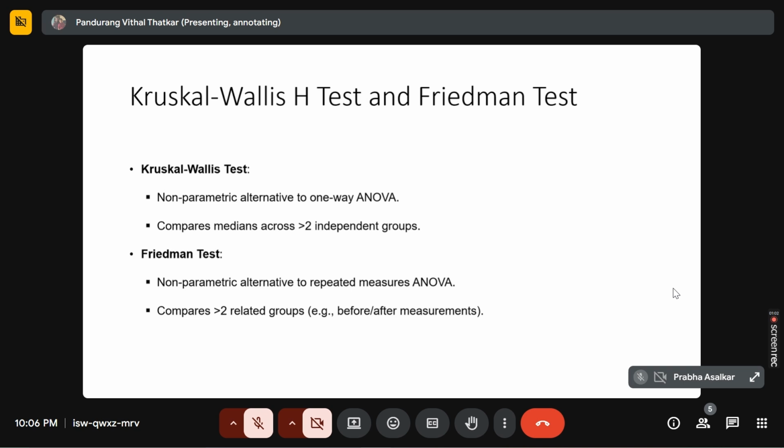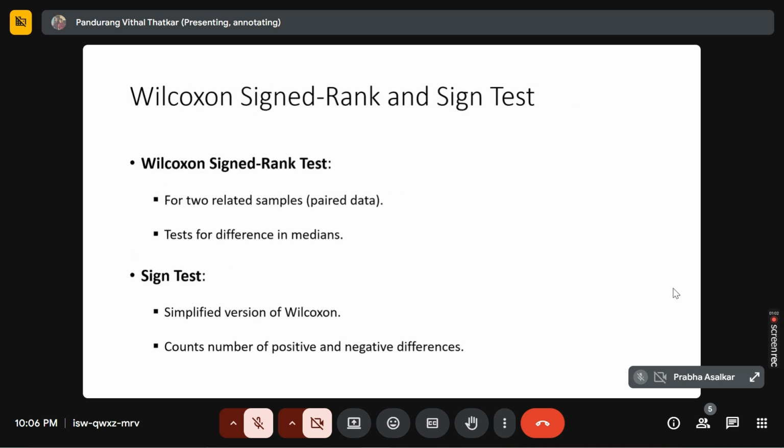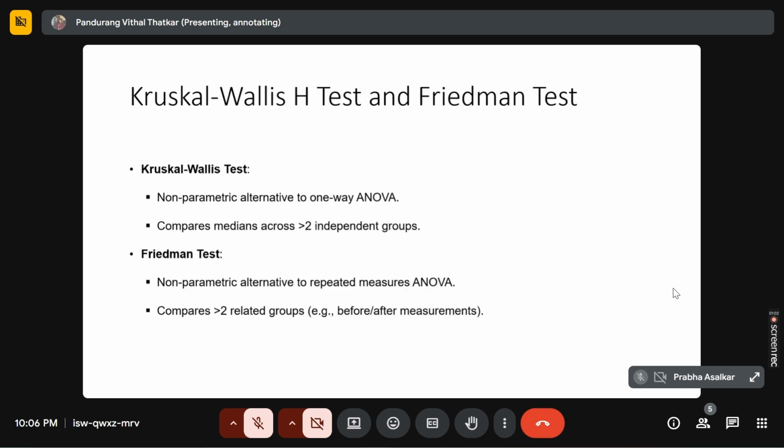Then the Kruskal-Wallis H test is an extension of the Wilcoxon test. If we have two groups, we can use the Wilcoxon sign rank test. If we have more than two groups, we have to go for the Kruskal-Wallis H test. It is a non-parametric alternative to one-way ANOVA. It compares medians across more than two independent groups.